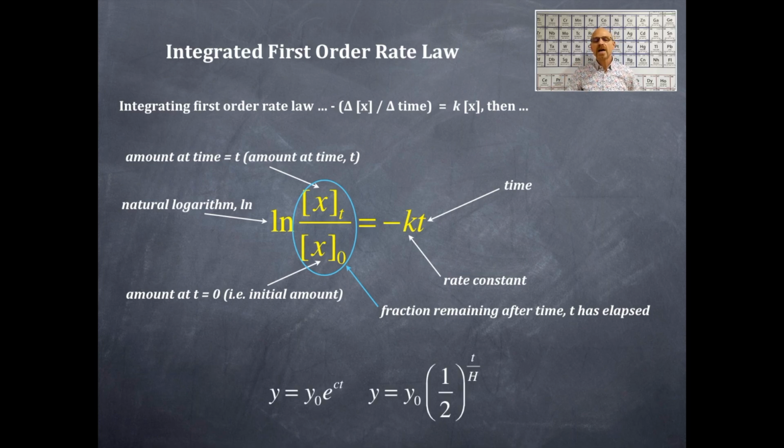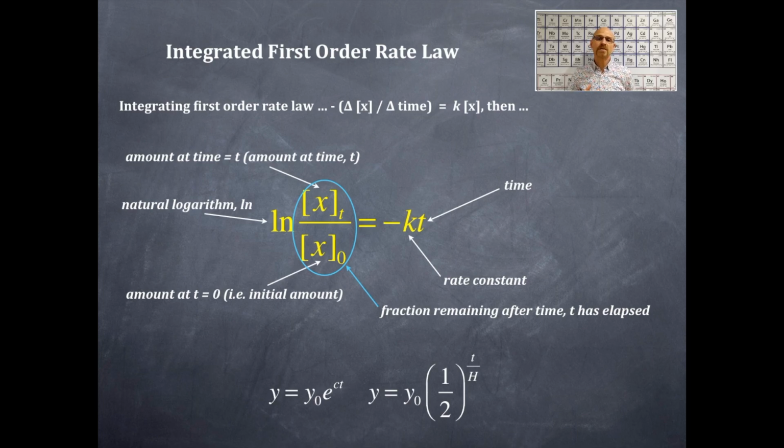Some of you have moved on into a calculus-based mathematical course. If you have, these two equations right here work very nicely for the integrated first order rate law, and some calculus-based math books use this equation instead of the one that I have in yellow.